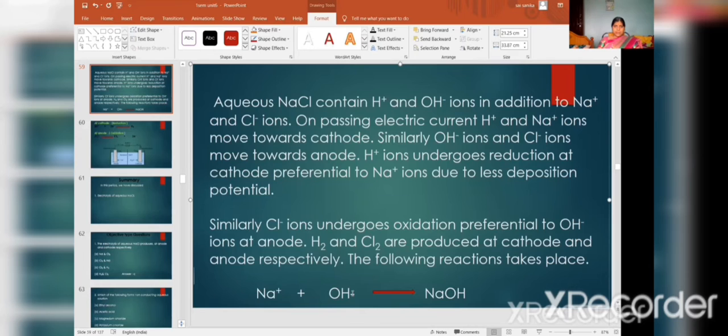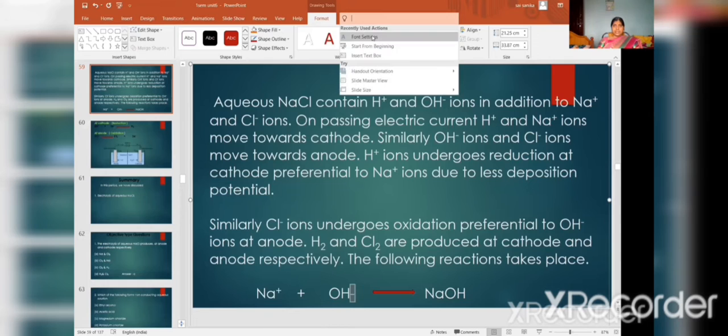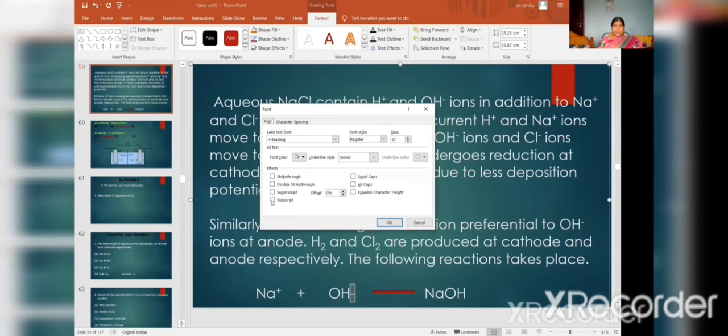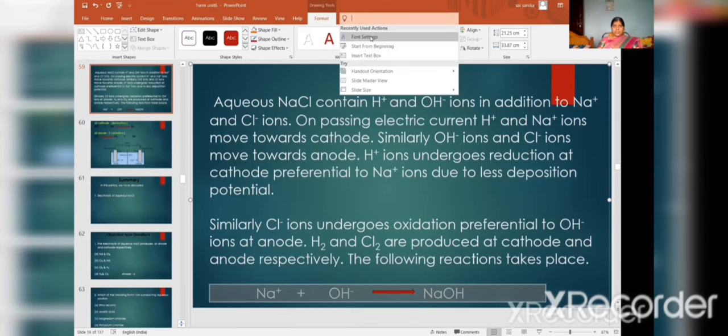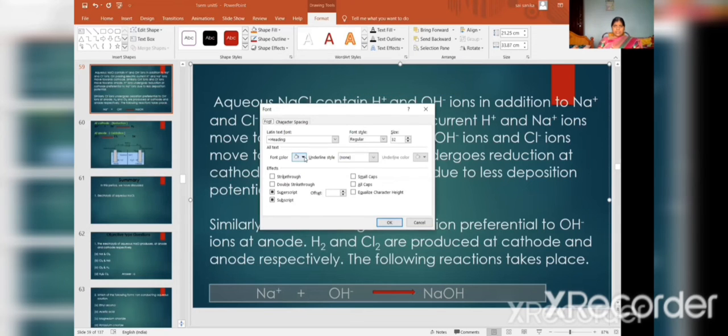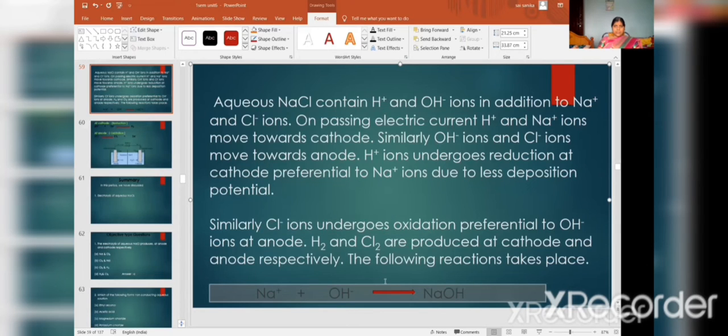In the electrolyte, in the solution, means in the electrolytic cell, both are the same. So the product formed in the electrolytic cell is sodium hydroxide. Actually I forgot to write this product here.